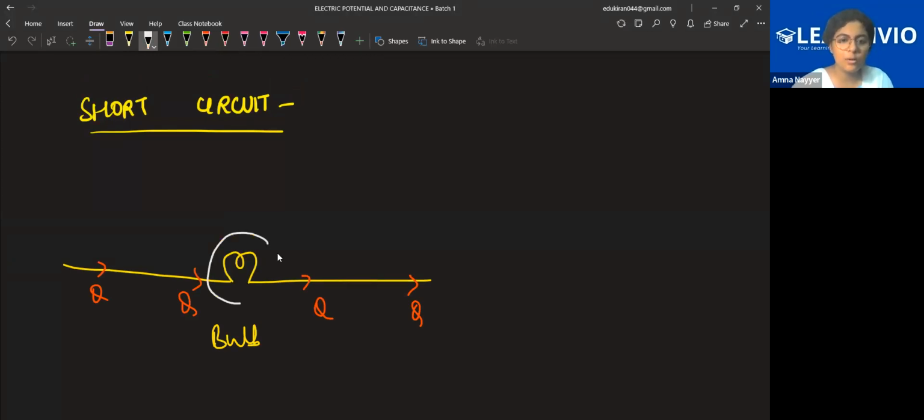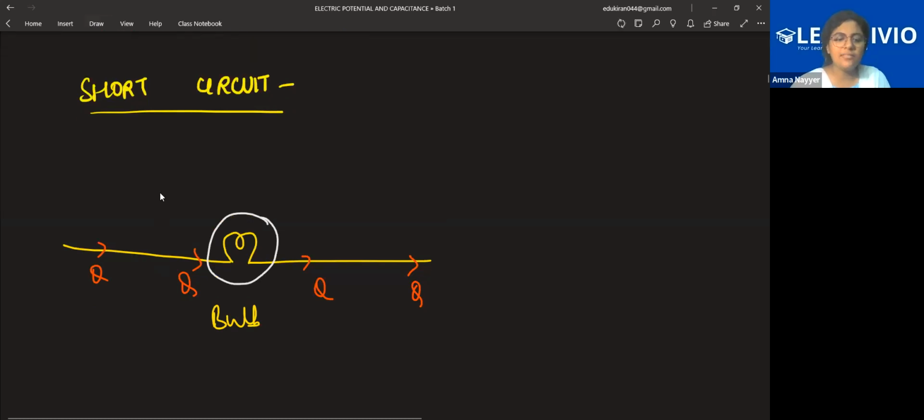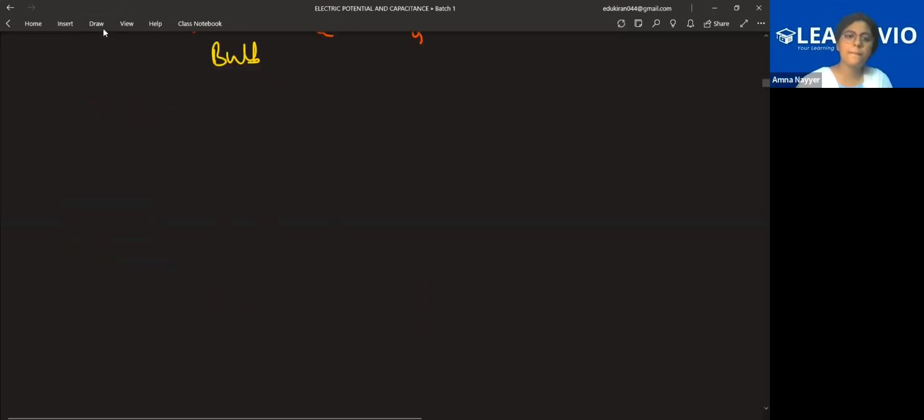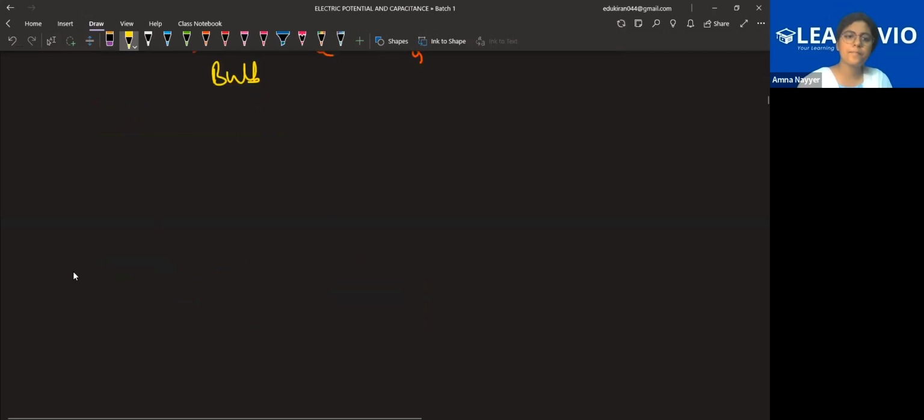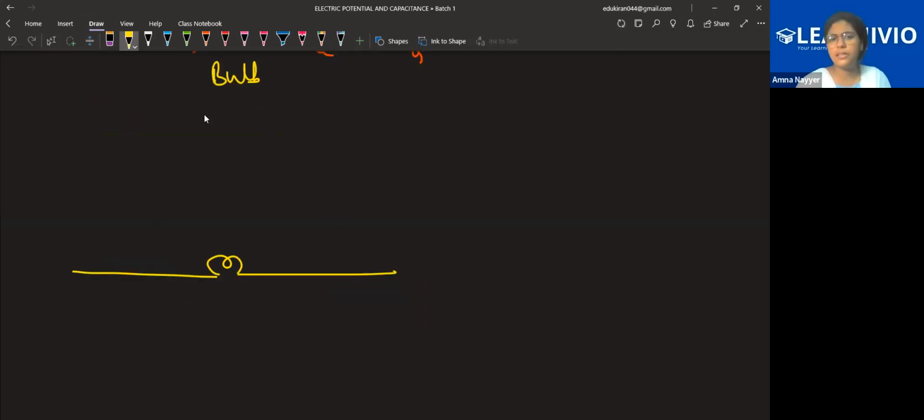The bulb is glowing with a lot of charges. Now I have connected the wire like this. This is the symbol for a bulb in the electricity circuits that you will study.